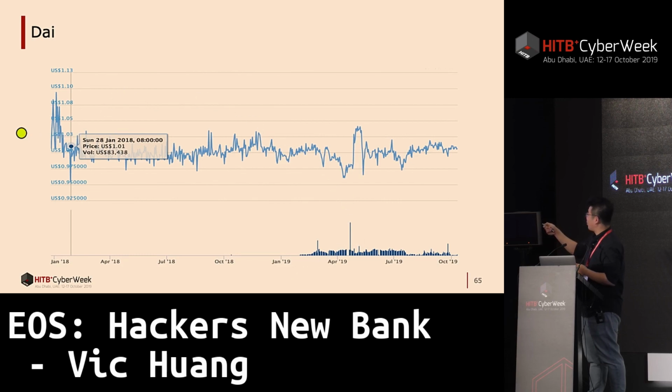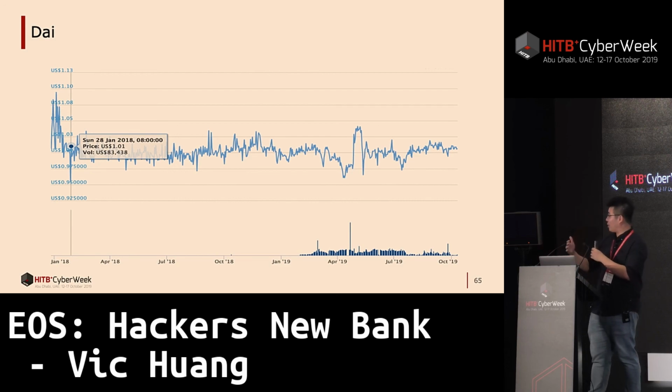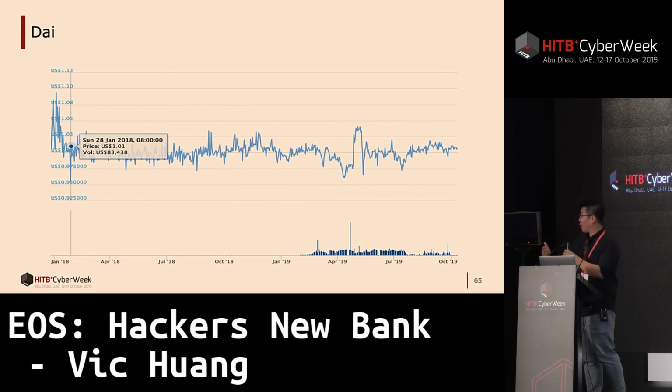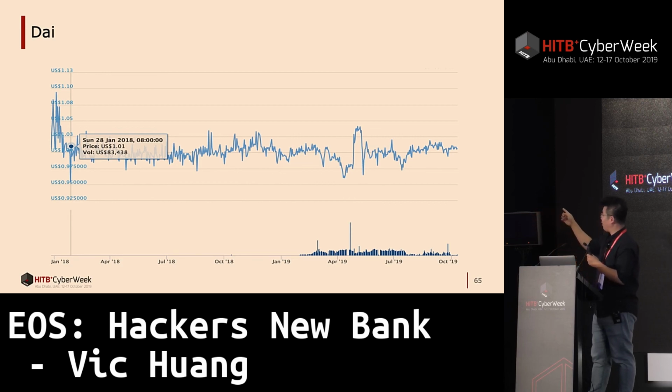It has a pretty complex mechanism to adjust between real money and the cryptocurrency. It began in 2018, but it's still very stable, and it's almost equal to $1 USD.